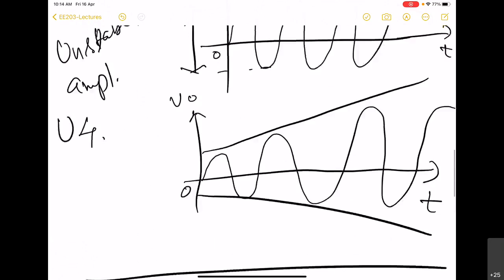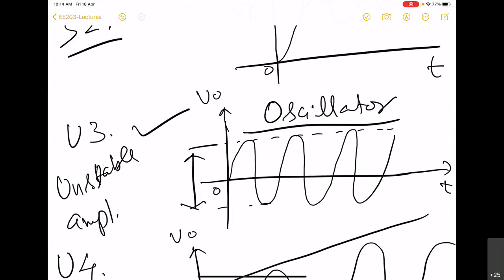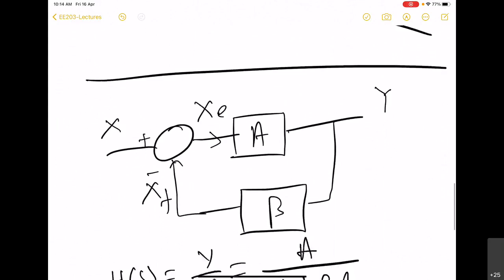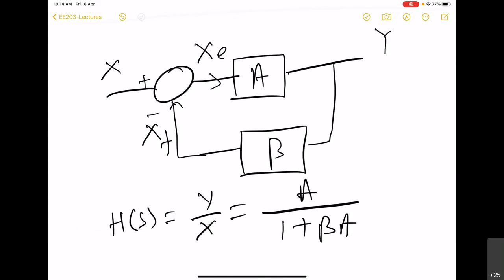So recall that we considered this third case as unstable output. So now we want to study this feedback with respect to that kind of scenario.